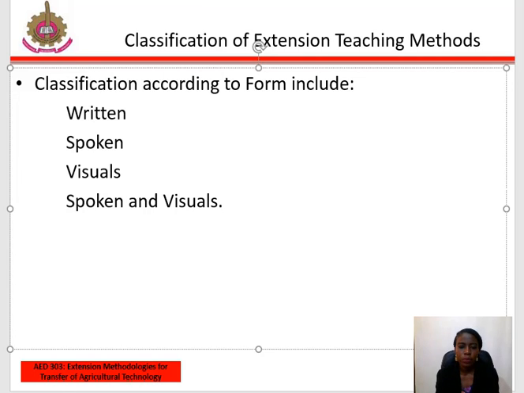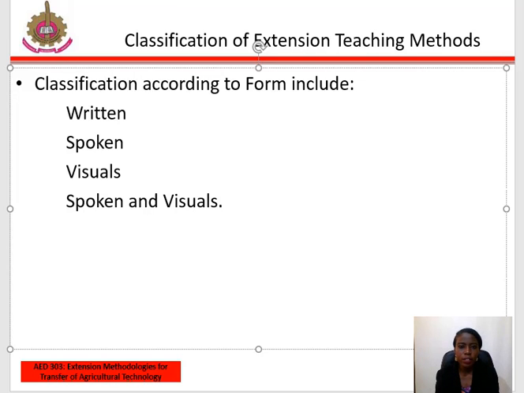Classification according to form. Classification of extension teaching methods according to form includes written, spoken, visuals, spoken and visuals. Written includes the bulletin, the leaflets, the personal letters, as well as circular letters.